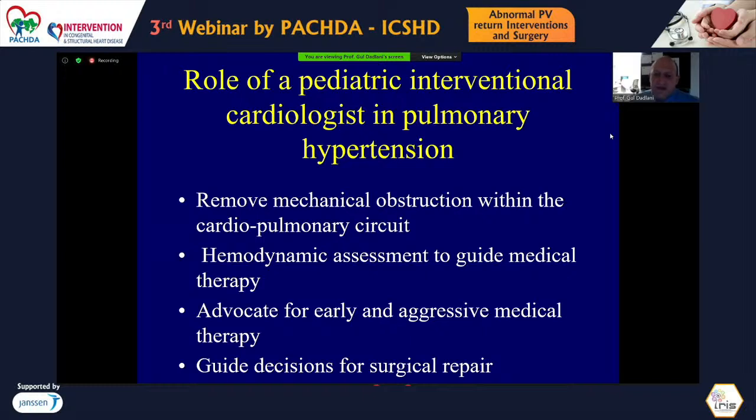Number two is how can we give an accurate hemodynamic assessment that can then guide our medical therapy to either add medications or enhance our medical therapy from baseline if there's progression of disease. Number three, I would hope that all of you would be an advocate for early and aggressive medical therapy. And number four, the cardiac cath that you do is vitally important to discuss with your surgical team so that you can plan accordingly safe and effective surgeries for every single patient with congenital heart disease and pulmonary hypertension.